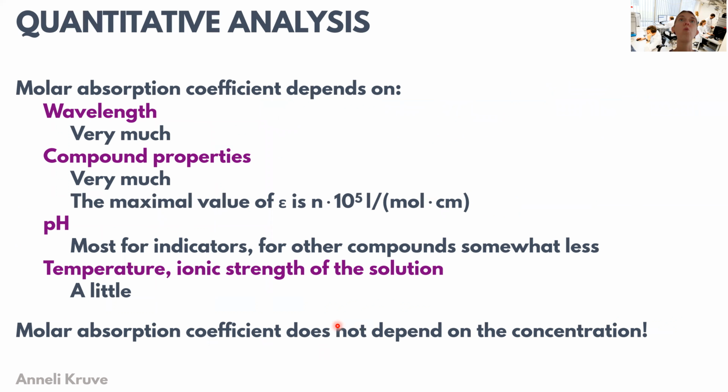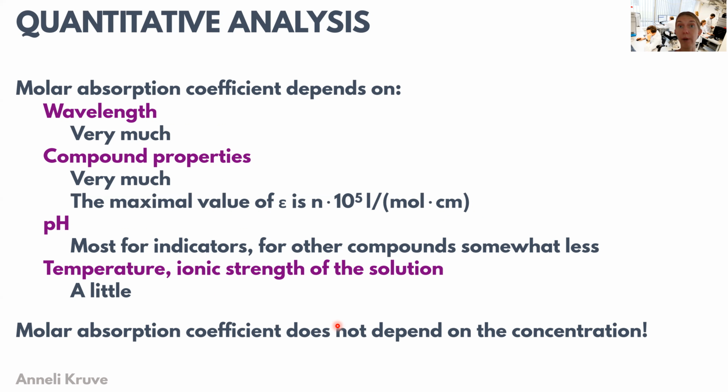And now, when we do the quantitative analysis, it is important to know what factors are affecting the molar absorption coefficient in order to choose the measurement conditions wisely. As we saw from the spectra, for one compound at different wavelengths the absorbance was really different.